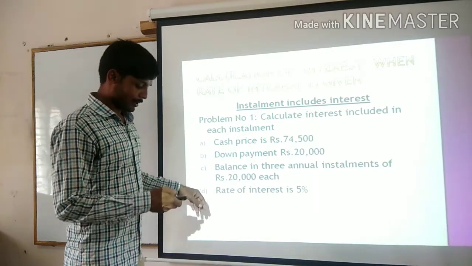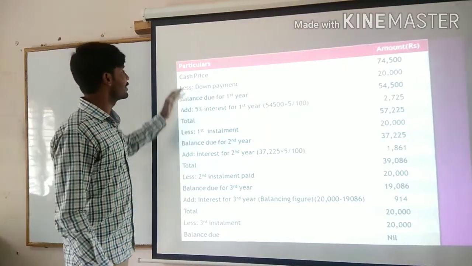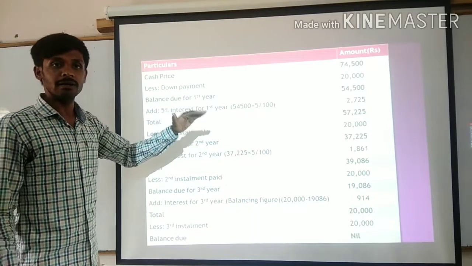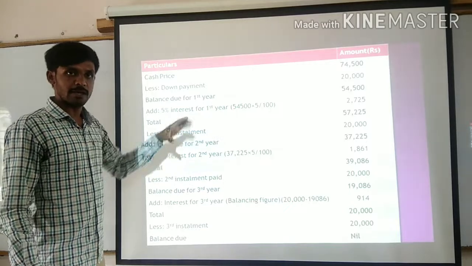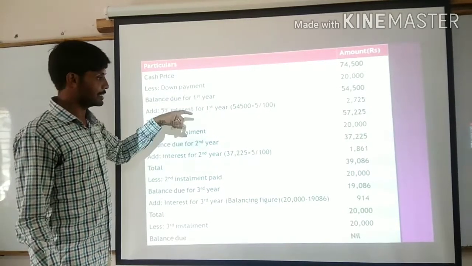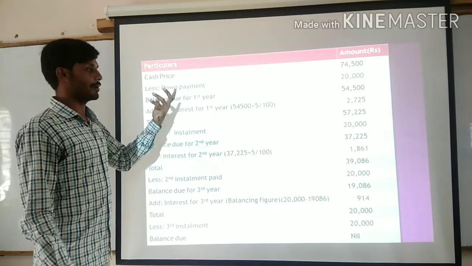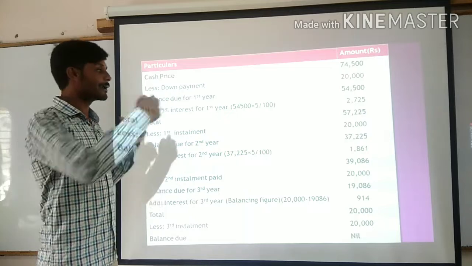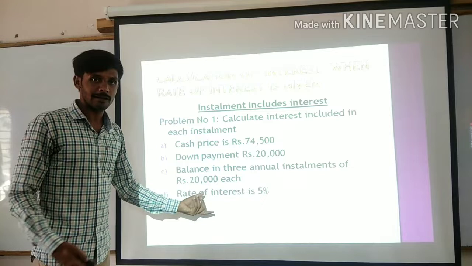So here, let us move on to the solution. This is the format for how we will calculate interest when the rate of interest is given, cash price is also given, down payment is given, and they have even specified whether interest is included or excluded. Here, in the previous problem, you can see interest is included in the installment.